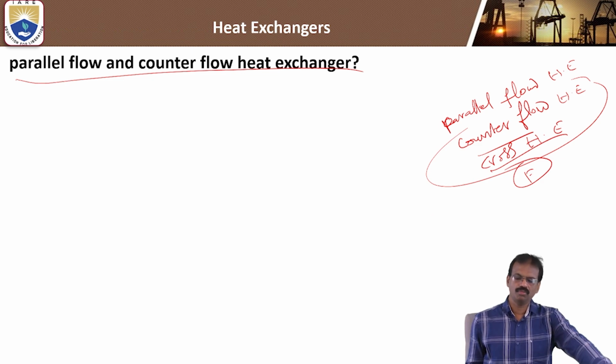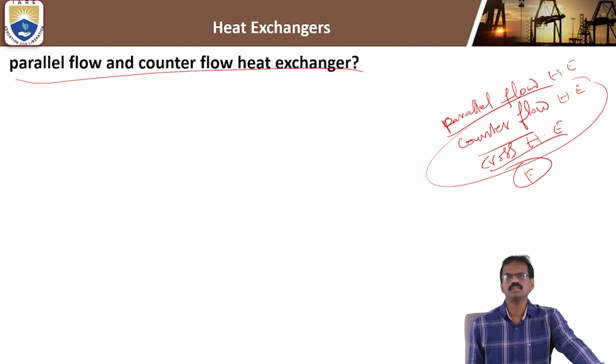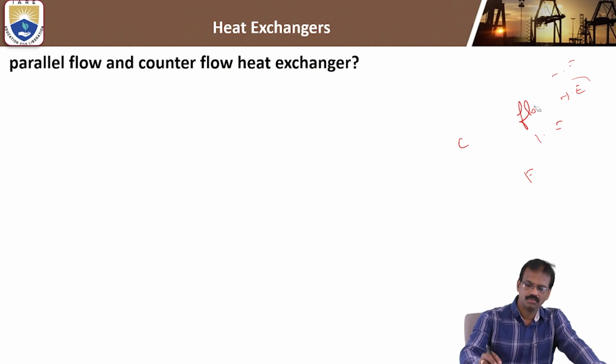We'll see first of all what is the parallel flow heat exchanger, what is the function of heat exchange in it, and what is the formula to derive the rate of heat transfer in a parallel flow heat exchanger.